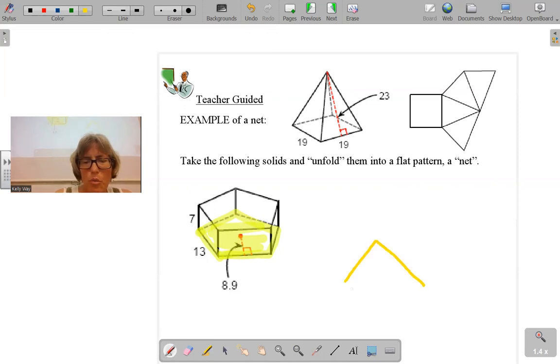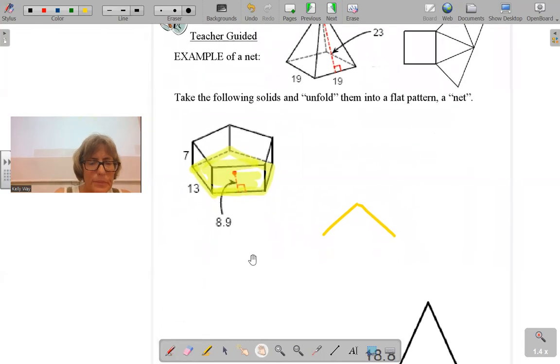There are several ways you can redraw these things. So this is only one way. There could be multiple ways of unfolding this, and it's all right. So this edge here, that's that 13 right there. That's the 8.9.